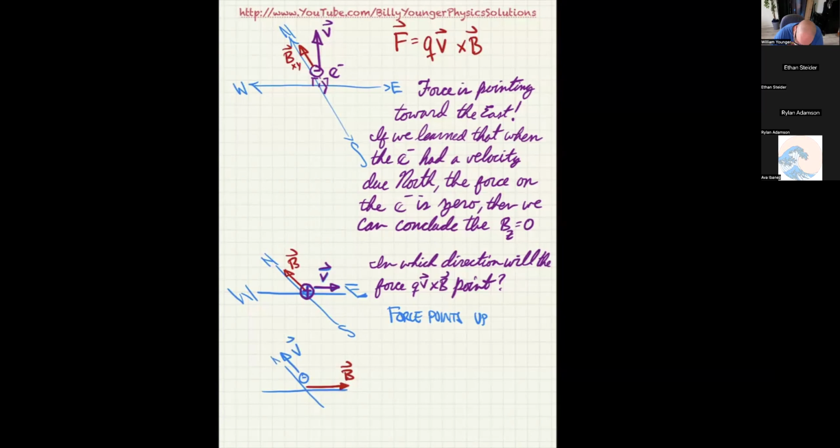Okay. This is north. This is east. This is west. And this is south. So now I've got a velocity of the negative particle going to the north, and we have a magnetic field pointing east. In which direction is the force? Down. The one says down. Let's check that out.